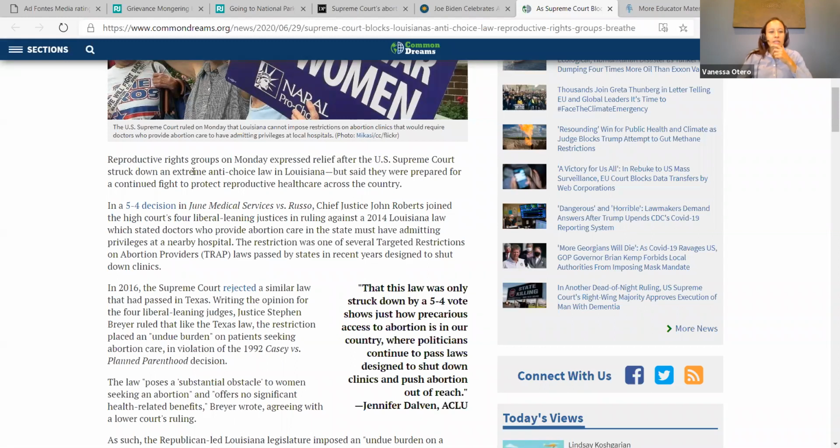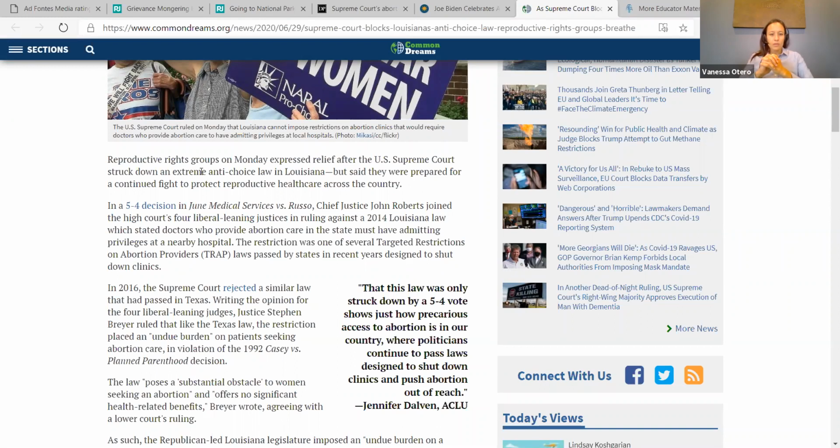Reproductive rights groups on Monday expressed relief after the U.S. Supreme Court struck down an extreme anti-choice law in Louisiana, but said they were prepared for a continued fight to protect reproductive health care across the country. In a 5-4 decision in June Medical Services versus Russo, Chief Justice John Roberts joined the High Court's 4 liberal-leaning justices in ruling against a 2014 Louisiana law, which stated that doctors who provide abortion care in the state must have admitting privileges at a nearby hospital.